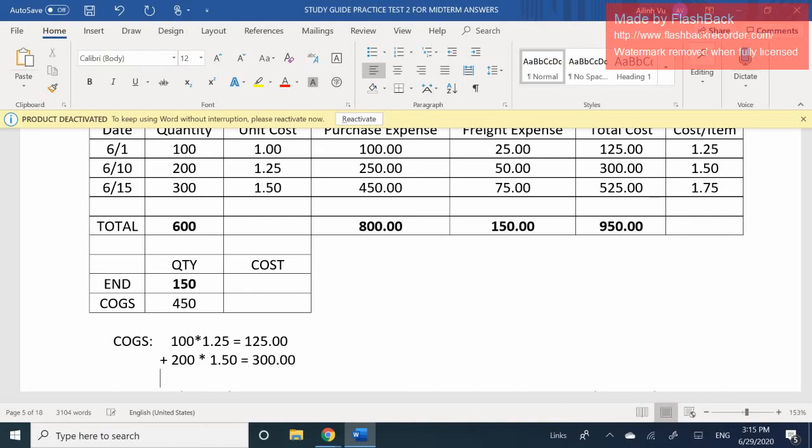And then we're going to add another 150. Yes, okay. 300. And then how much does the 150 cost? Okay, 150.